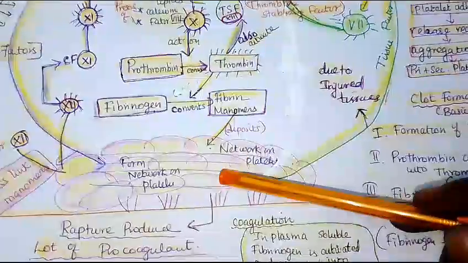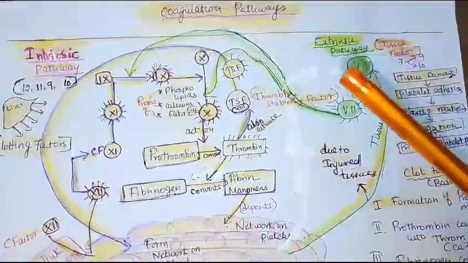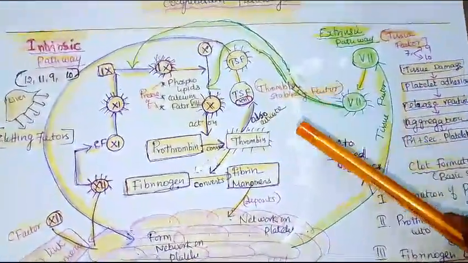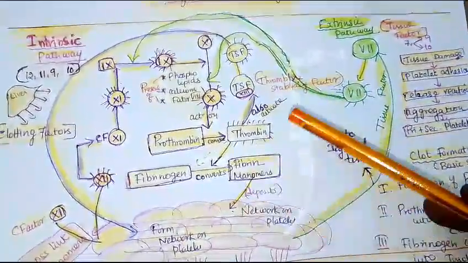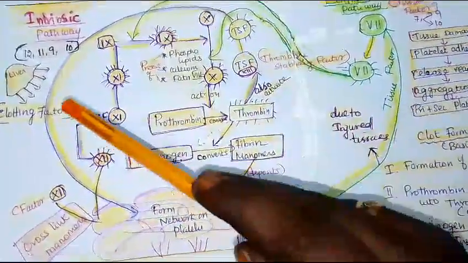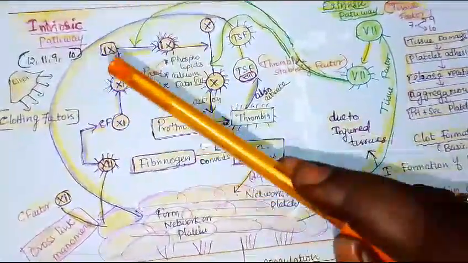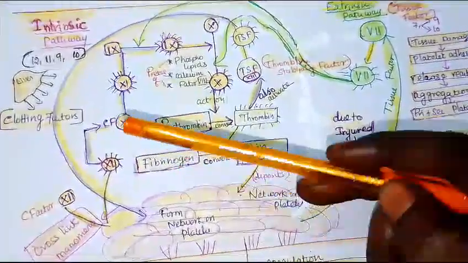Are you understanding? You have to understand the concept. The coagulation pathways are always the clotting factors. These kinds of enzymes are always present in the bloodstream, produced by the liver, and the blood itself has its own property for clotting.